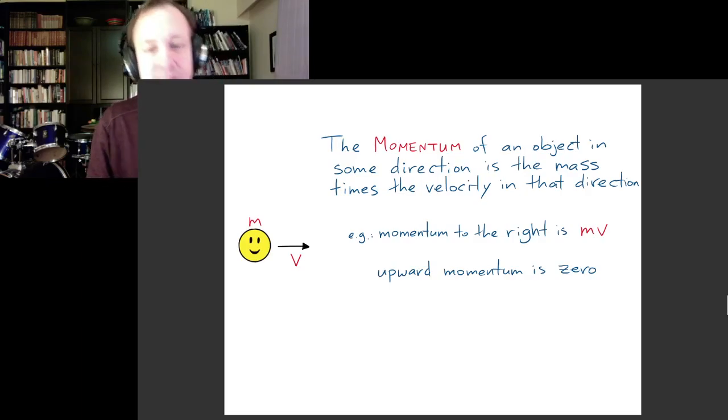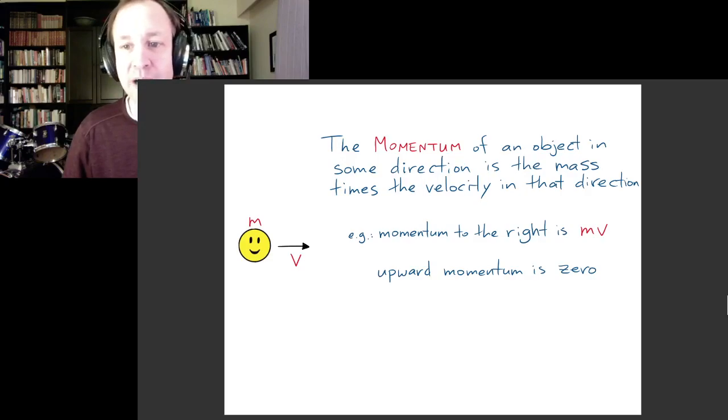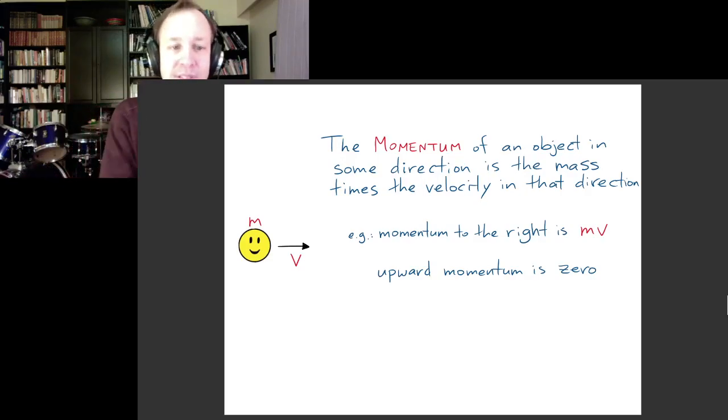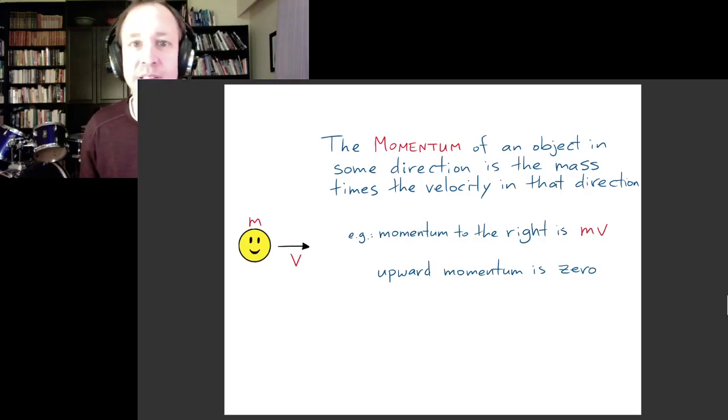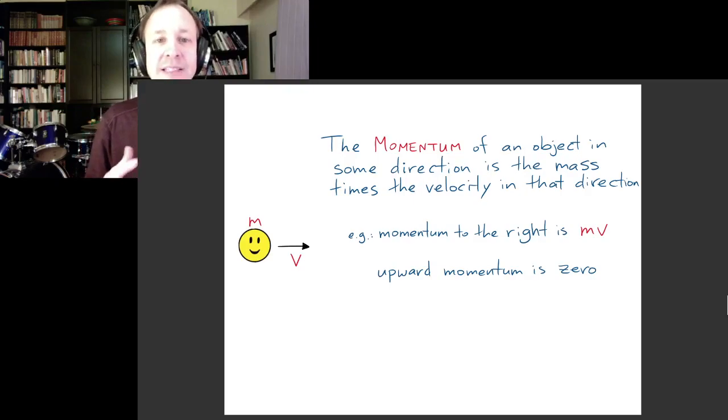It's moving to the right with speed v, and its momentum is defined to be the product of the mass and the velocity. So this is the momentum of the object to the right. We can also talk about the momentum upward, and in this case, because it has no velocity upward, the momentum upward is 0.